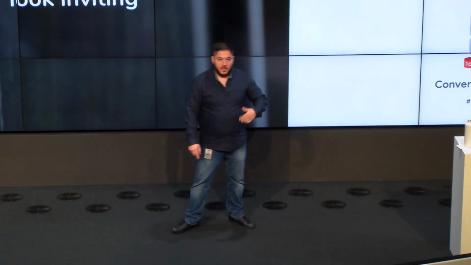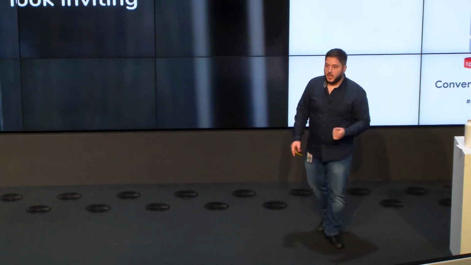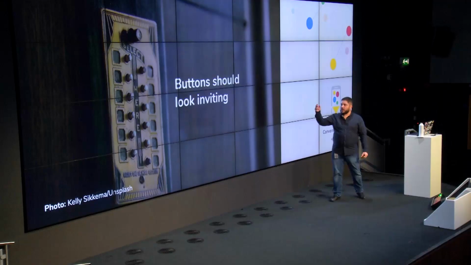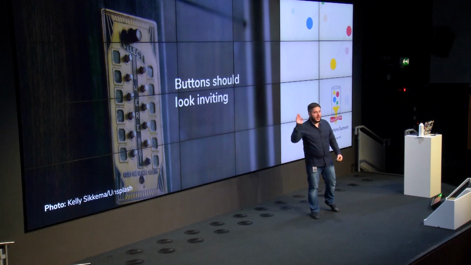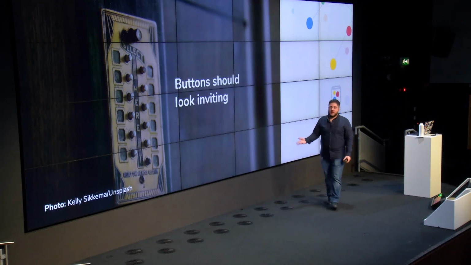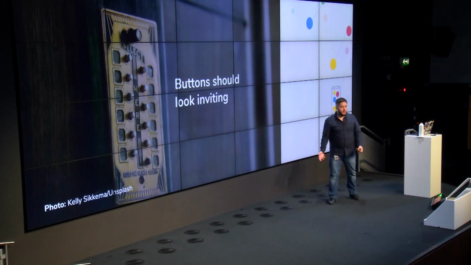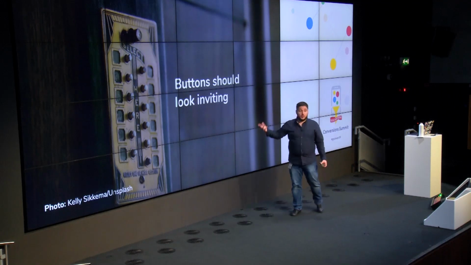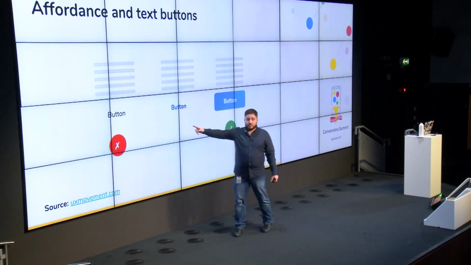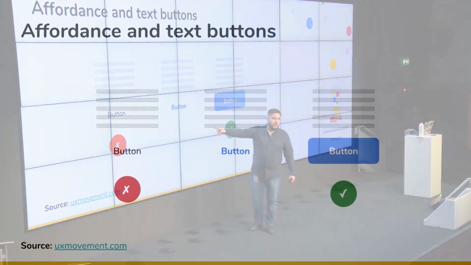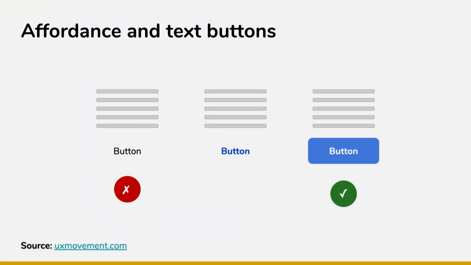Well, the first thing, you want to make your navigation items be inviting. Like, in the physical world, you have these buttons which are really appealing. They're encouraging you to tap, press, click, whatever. On screens, we don't really have that, so we don't have those affordances. But you still want to make it look inviting. So how can you do that? Well, we know from research that text buttons like that are really bad for user experience because people can't recognize them.